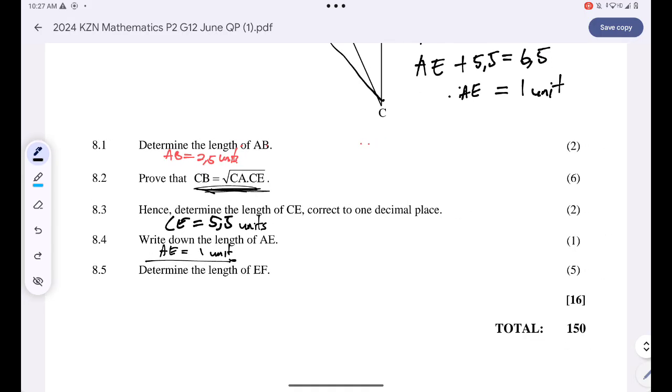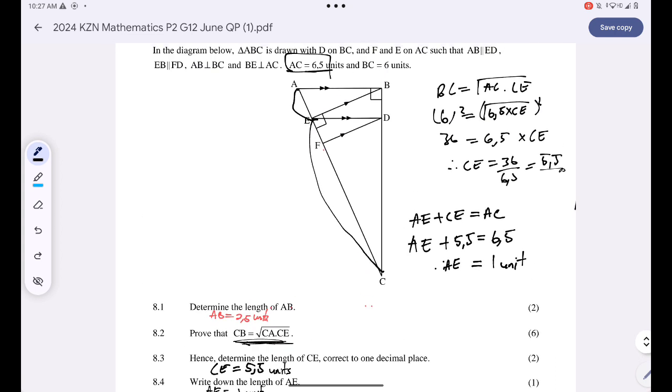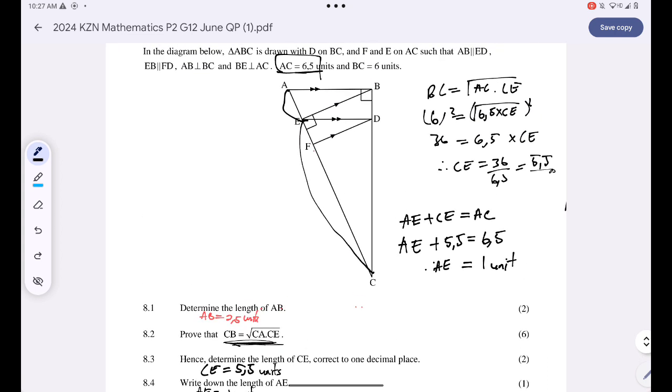Are you together? And then now they want us to find the length of FE. Remember that, guys, we were given parallel sides, right? The proportionality theorem simply states that if a line is drawn parallel to one side of a triangle, that line divides the other two sides in the same proportion.